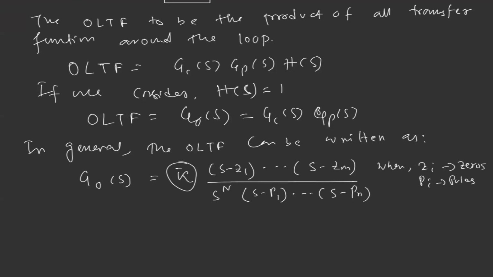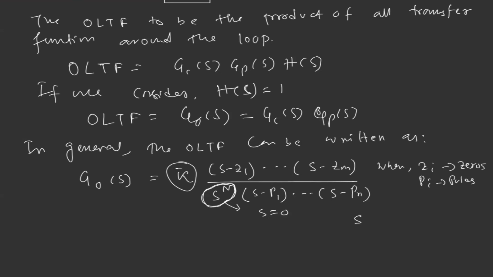So here, S to the power n indicates S equal to 0, right? The other poles have some numerical value, but for this part, S equal to 0 indicates the number of poles at the origin, which classifies the type of the system. So based on the number of poles at the origin, we define the type of system.